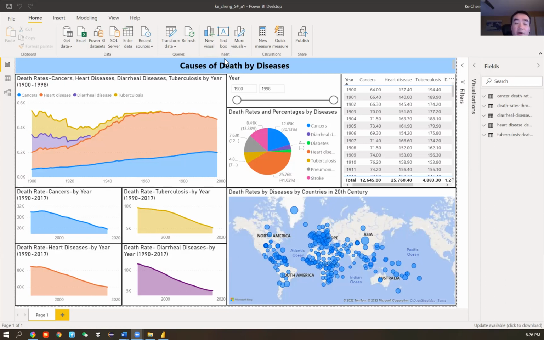Users can clearly compare some main aspects of these diseases, such as death rates, countries, years, and so on. They can also see which disease is the most common cause of death among all diseases. The change of all the death rates, especially the main ones, during the recent 20 years will be clearly shown in the dashboard.